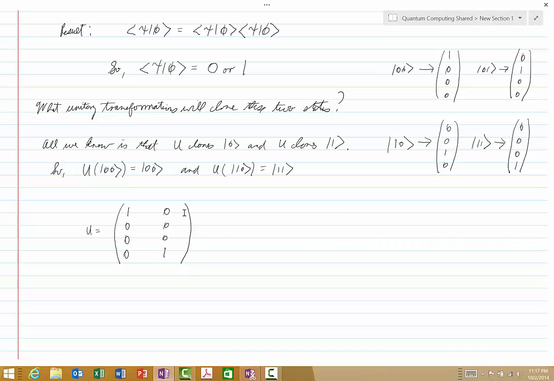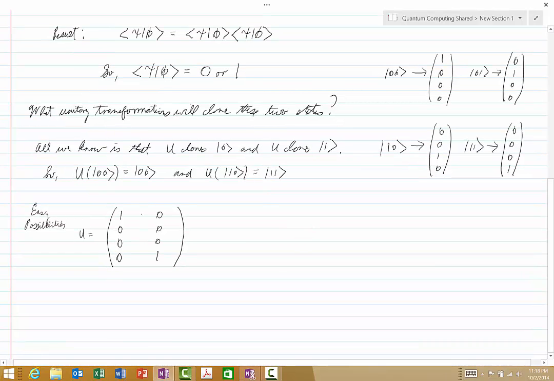So we have some possibilities. Some easy possibilities, U1. These are not the only ones, but these will do.